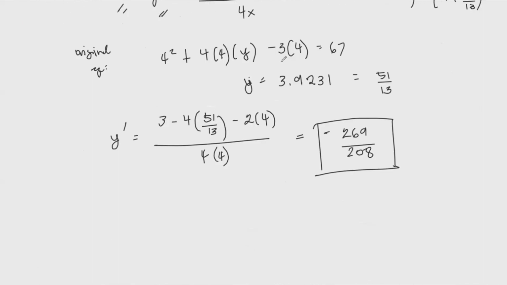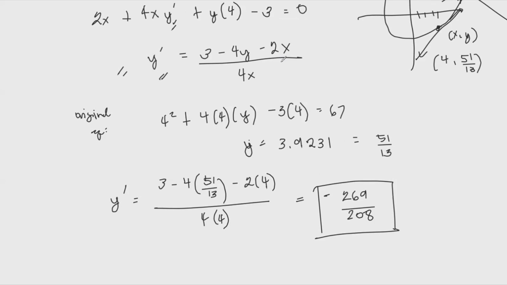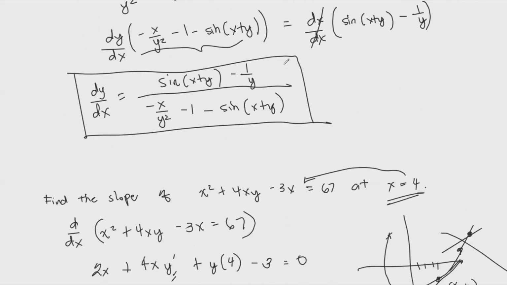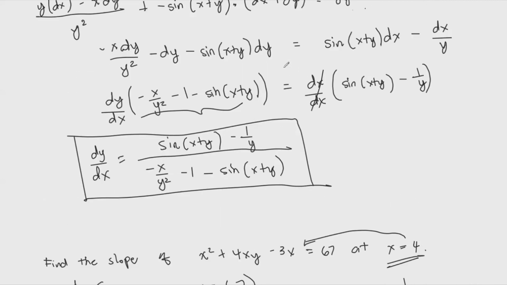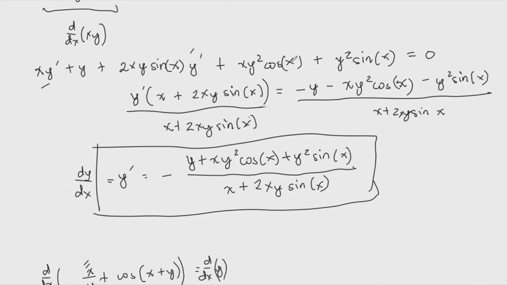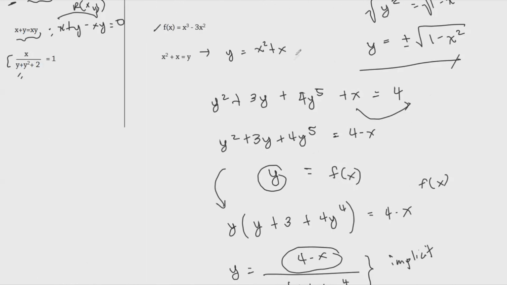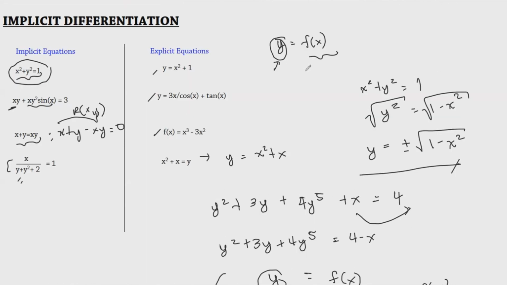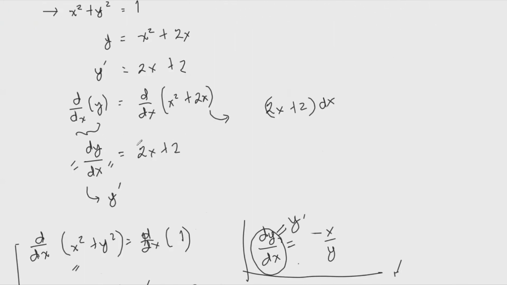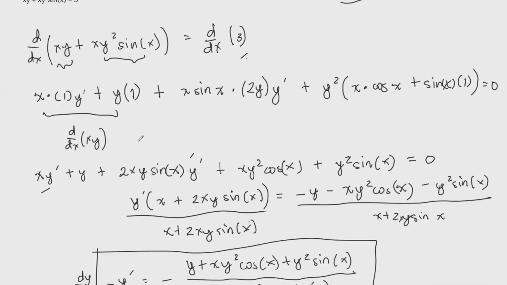Substituting the values would give us values of slope or whatever is applicable. For example, if it's speed or velocity or acceleration, it depends. But the thing is, explicit equations would just need a value of x to solve for the slope if we're talking about graphs. But for implicit equations, we need the x and y values so that we can solve for the slope of that particular equation or graph or function.